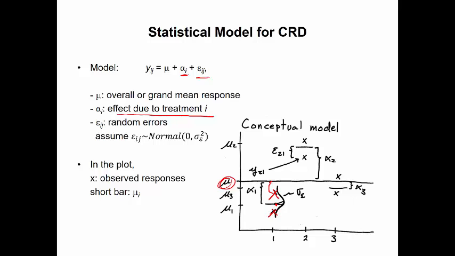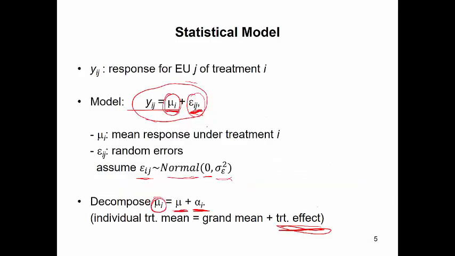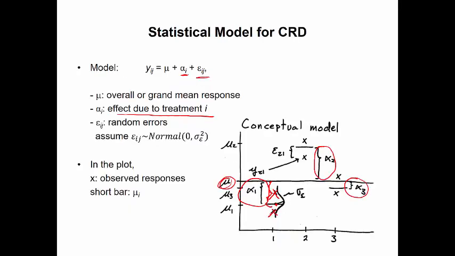This distance right here is your treatment effect. This one is the second treatment effect. This one is the third treatment effect. It doesn't matter if you use the simple model here, the means model, or you use the effects model. We're going to get the same analysis, but here you can see this is what we're looking for.